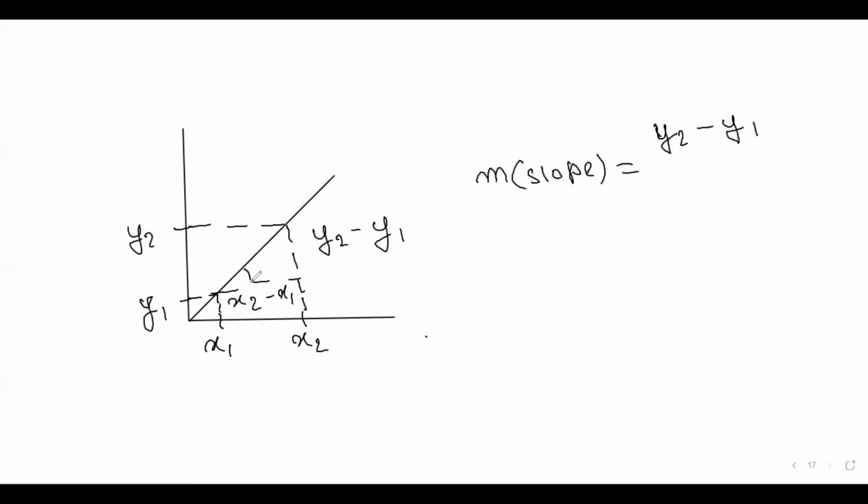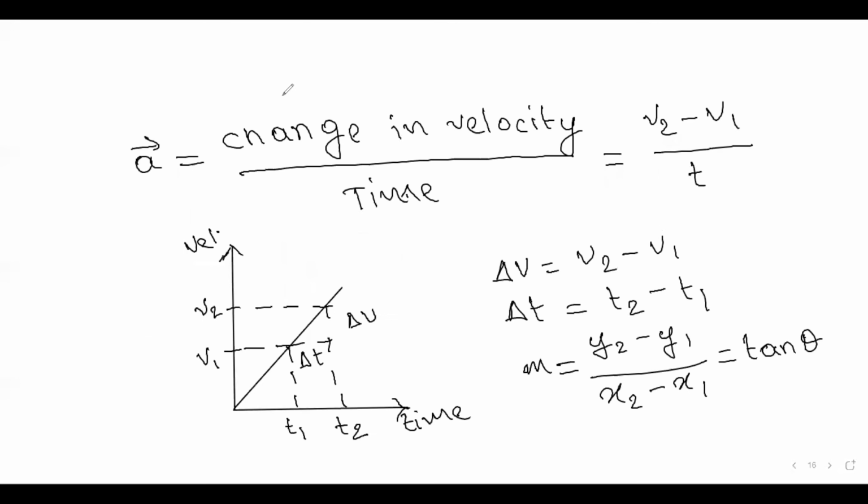Let's say we take this angle as phi, and we can write m equals tan phi. Okay, so this is actually the definition of slope.